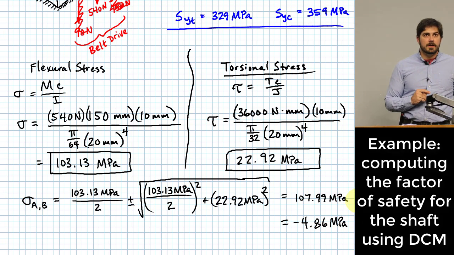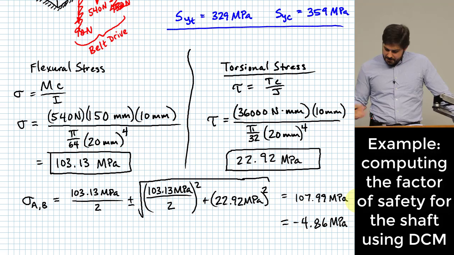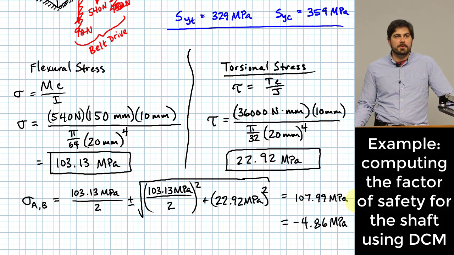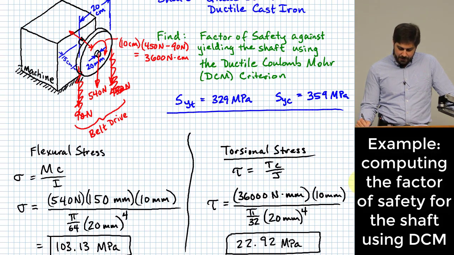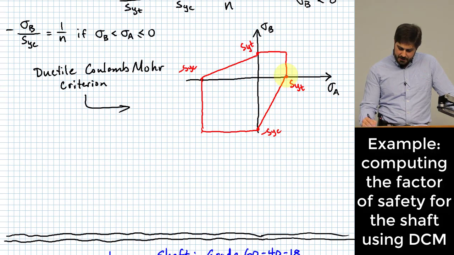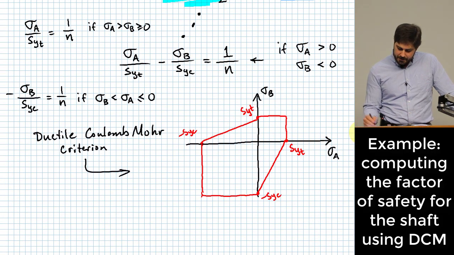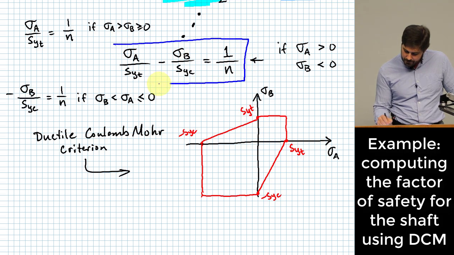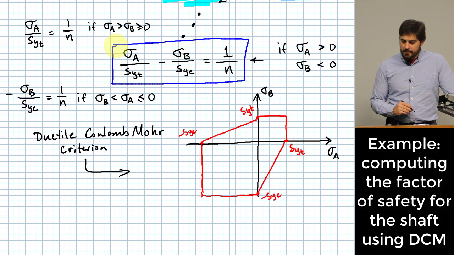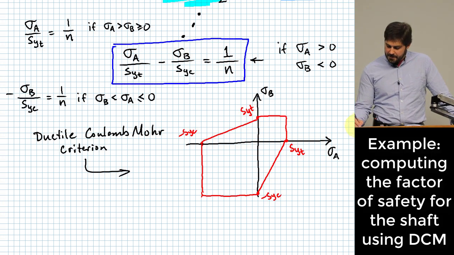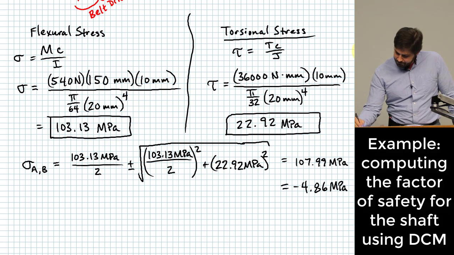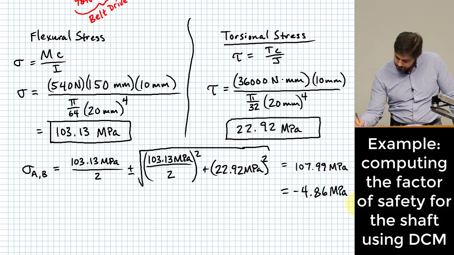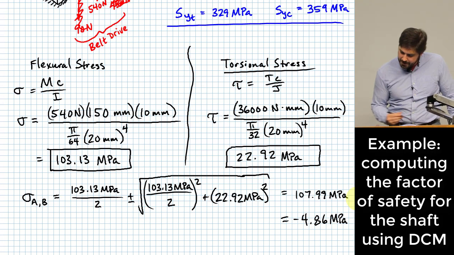Our principal stresses, one of them is positive and one of them is negative, and so we are in the segment of the line that is sloped right here. We will use that as our equation to find our factor of safety. I'll get those strength values in there.